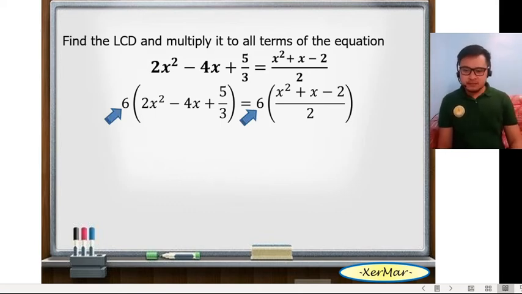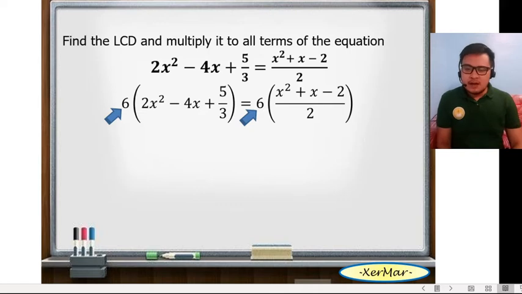Yan. So, i-multiply natin yan sa lahat ng terms of the equation. So, ang una nating gawin dito, unahin natin pag-distribute itong nasa kaliwang side. Okay? So, i-distribute natin itong 6 to 2x squared minus 4x plus 5 over 3.